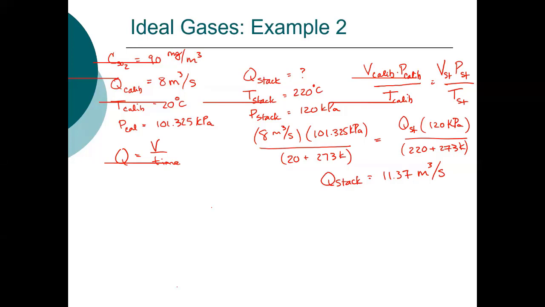So now what I was asked was the mass of SO2 emitted per day. So now I'm asked for a mass flow rate, and we'll use m dot for mass rate, and that is equal to the true flow rate in the stack times the concentration that we're given.